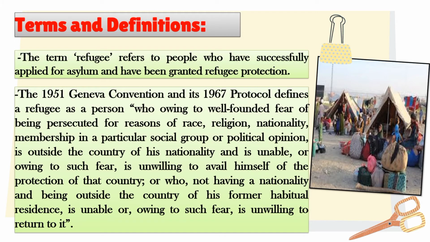The 1951 Geneva Convention and its 1967 Protocol define a refugee as a person who, owing to well-founded fear of being persecuted for reasons of race, religion, nationality, membership in a particular social group, or a political opinion, is outside the country of his nationality and is unable, or owing to such fear, is unwilling to avail himself of the protection of that country, or who, not having a nationality and being outside the country of his former habitual residence, is unable, or owing to such fear, is unwilling to return to it.